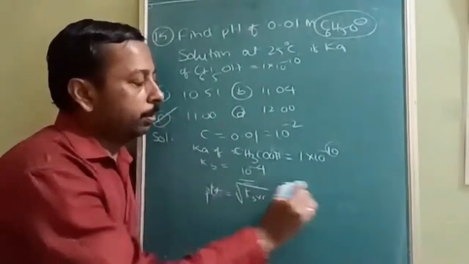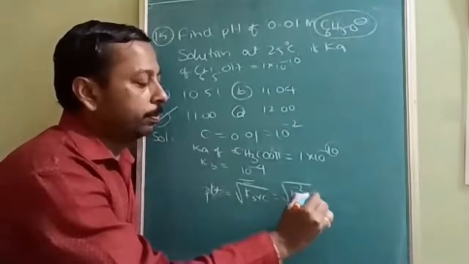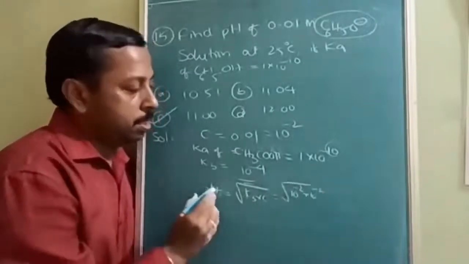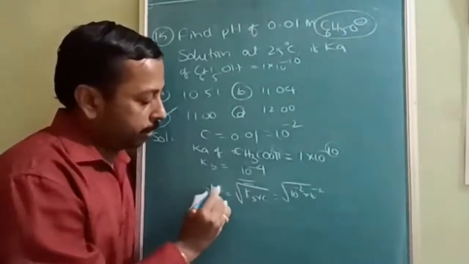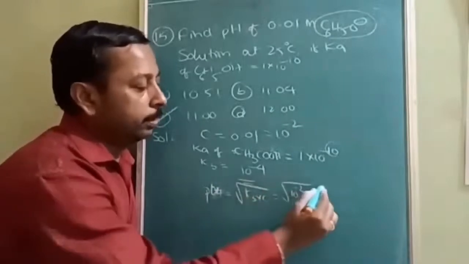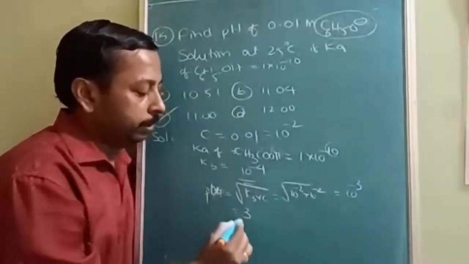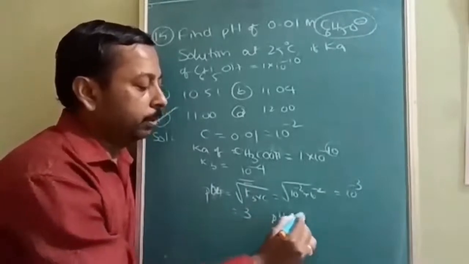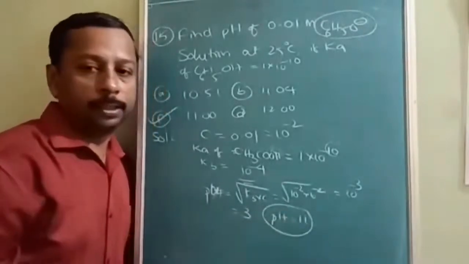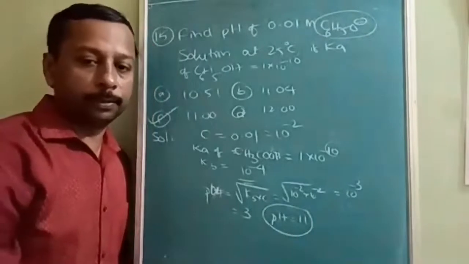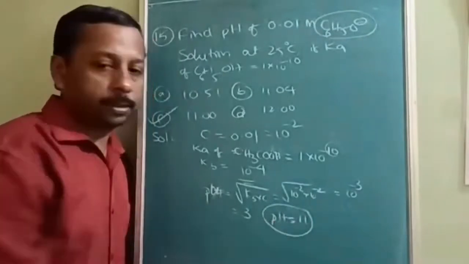So 10 to the power of minus 2 into 10 to the power of minus 4. This will be pOH, base it is there, no? So 10 to the power of minus 3. So pOH will be 3. So pH he wants, so 11. What is the answer? pH will be 11. Okay. So pH is 11.